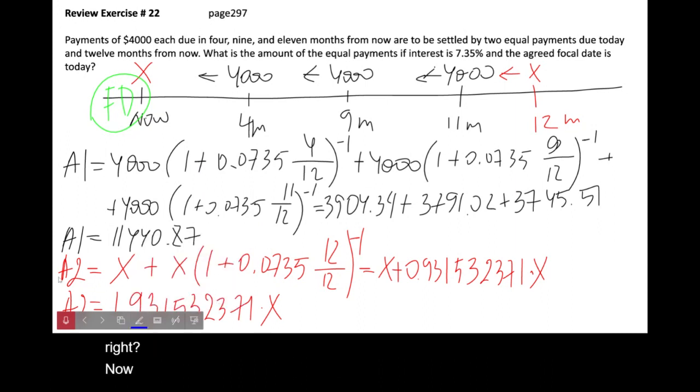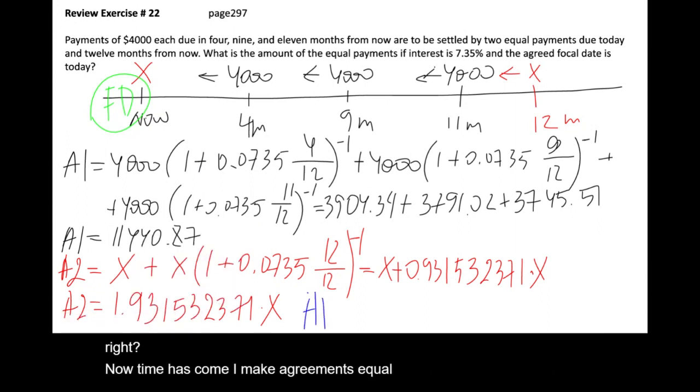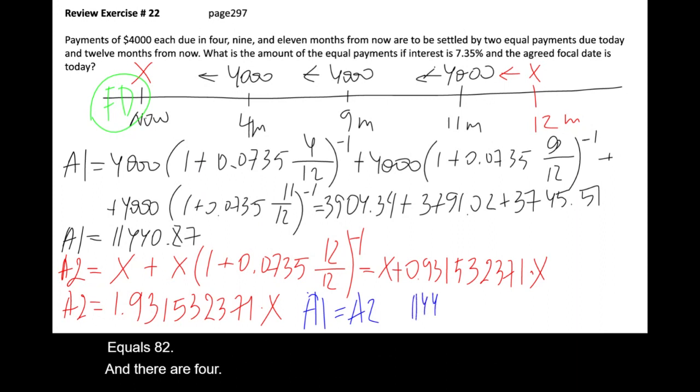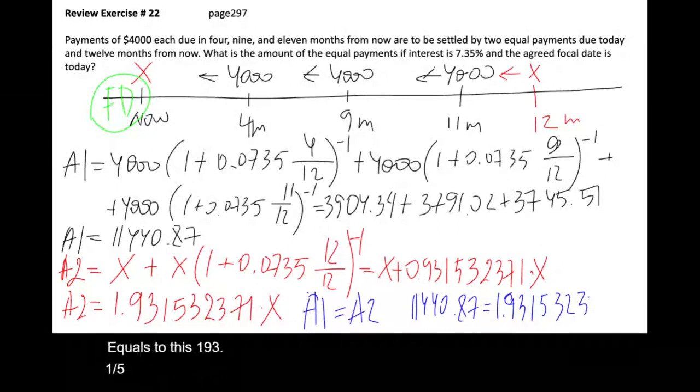Now the time has come. I make the agreements equal. So A1 equals A2, and therefore 11,440.87 equals this, 1.93 times x.